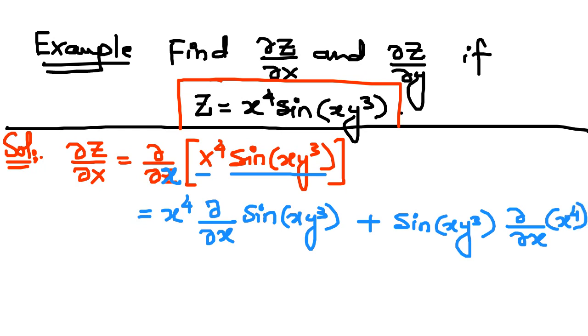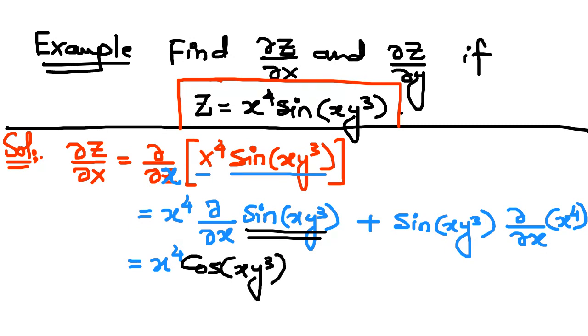Now x power 4, what is the derivative of sine? What is the derivative of this one where y is a constant? Cosine. Yeah, cosine x y power 3, and then the partial derivative of x y power 3, right?